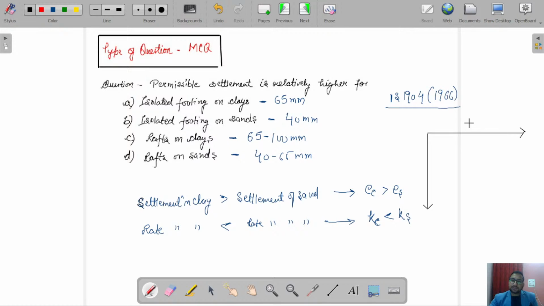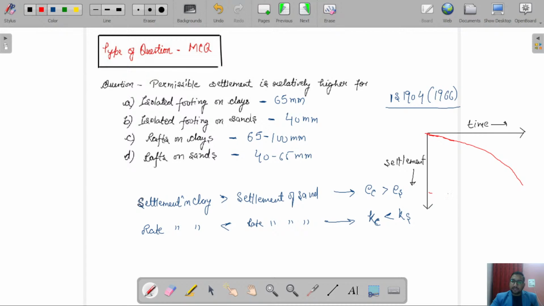Suppose here it is time, this is your time, this is your settlement. If I am saying clay, the magnitude of settlement of clay will be more, but the time taken is also very high.